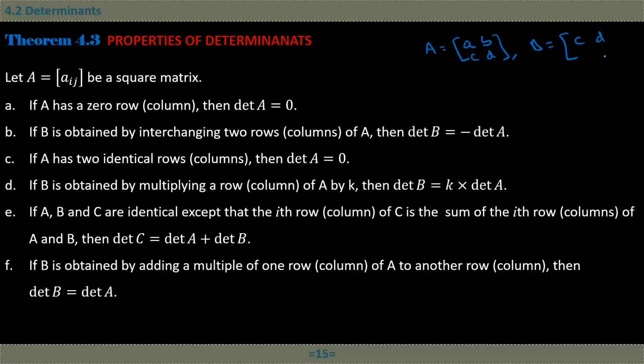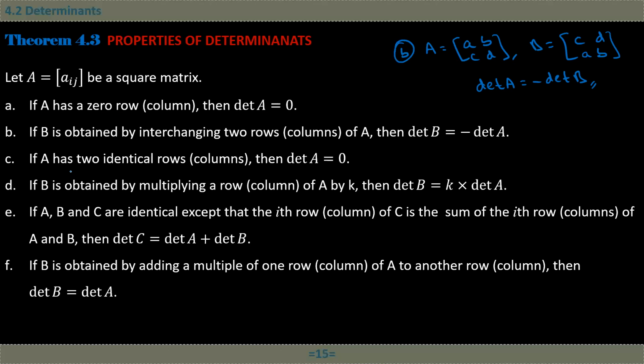So here we have C, D, and A, B. Now, if you calculate this, it is AD minus BC. How about this one? BC minus AD. So here it's saying that if this matrix is obtained by interchanging only two rows of this matrix, then the determinant of A is equal to minus the determinant of B. That is the second property.